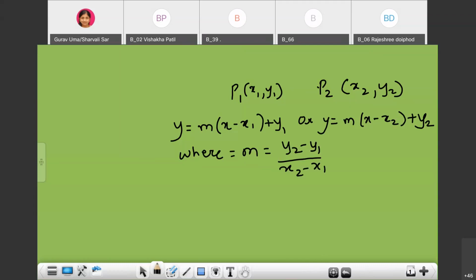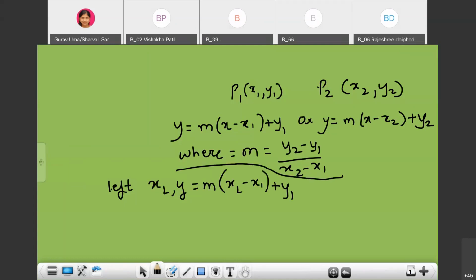Now what we have to do is find the intersection with the window edges, which are already given. Suppose my window is at the left side. So we will say xl comma y. The intersection for this line will be m into (xl minus x1) plus y1.